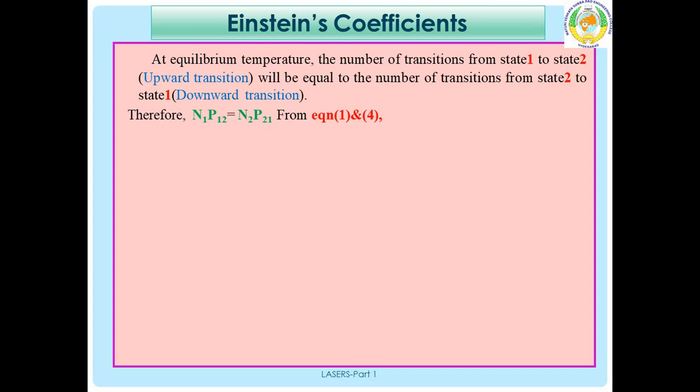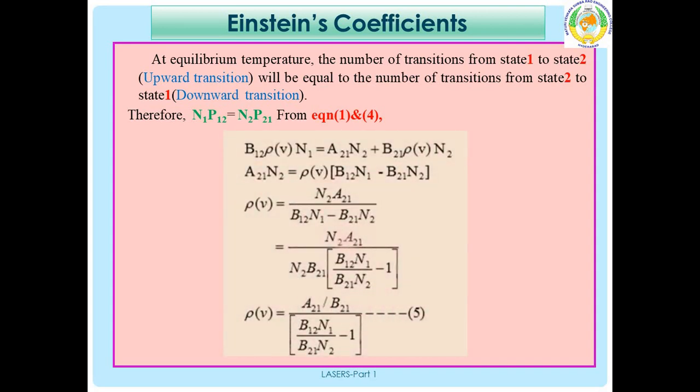Okay, now we will look into some thermodynamics connecting this equation. Now at equilibrium temperature, when we consider the equilibrium state, we should know that the number of atoms that are going from state 1 to state 2 should be equal to the total number of atoms transiting from state 2 to state 1 under equilibrium condition.